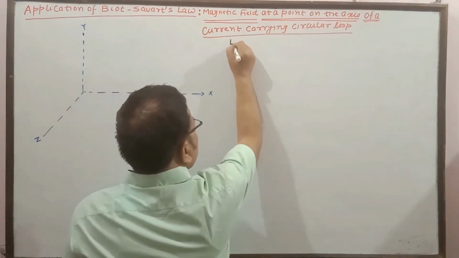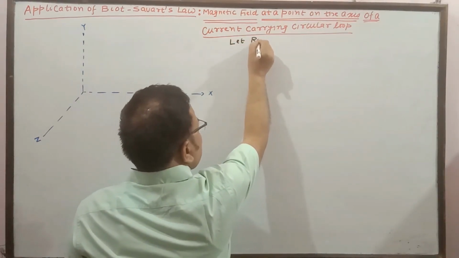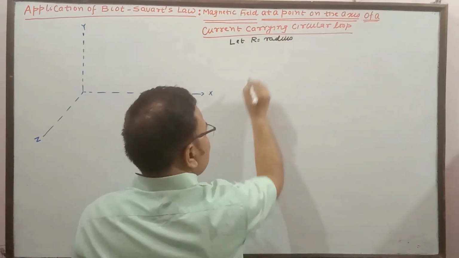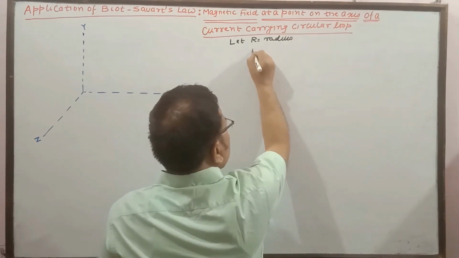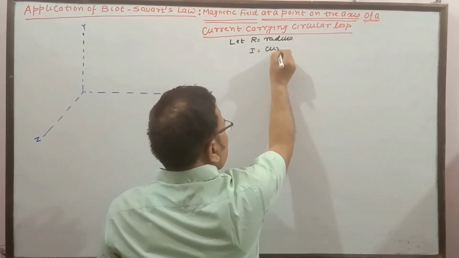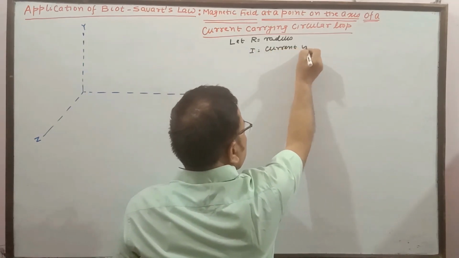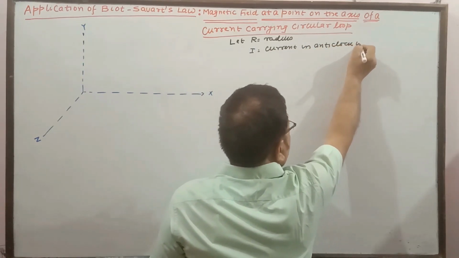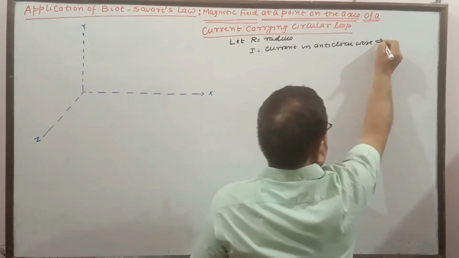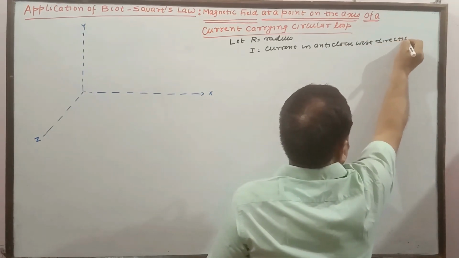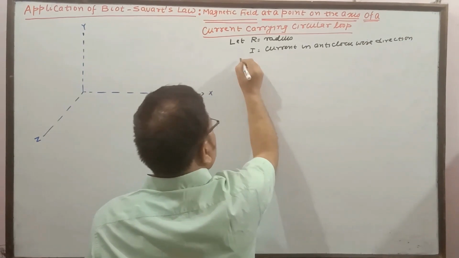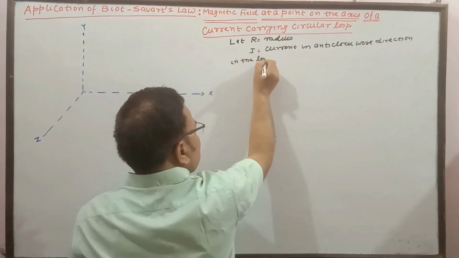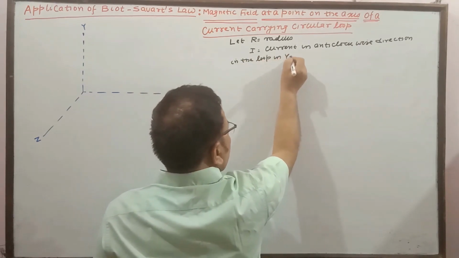So we are going to write: let R equal the radius of the loop, I equal the current in the anti-clockwise direction in the loop in the YZ plane.